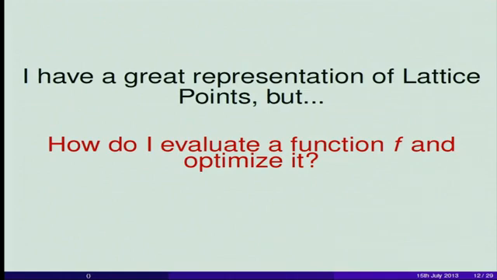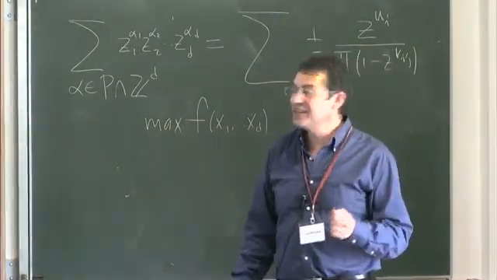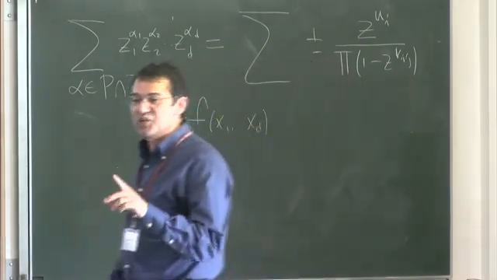But now I need to play with these generating functions and get the value of my nonlinear objective function. So remember, my nonlinear objective function f was a polynomial in d variables. This is what I want to maximize. I want to find the maximum of this polynomial. So I'm going to do something that is really cute.